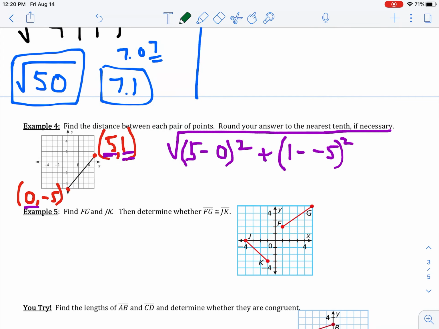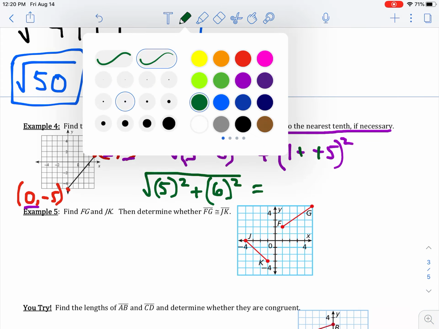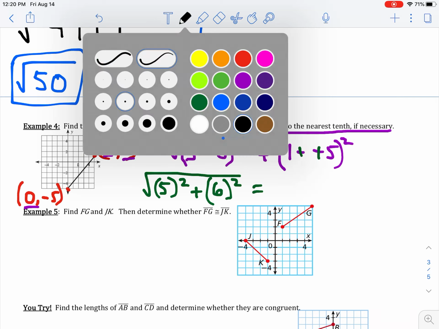All right, we begin to clean this up. Now remember, we said don't rush through this, so here we go. 5 minus 0 is 5 squared plus 1 minus a -5. Ooh, minus will change to a plus, so 1 plus 5 changes to a 6, and I'm squared. All right, I'm going to continue to clean this up and get it all set.